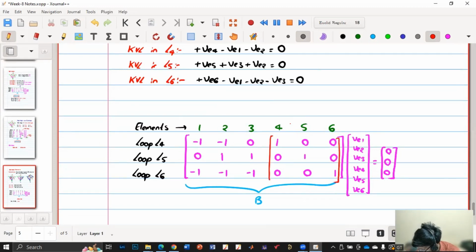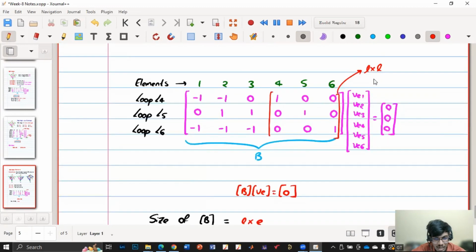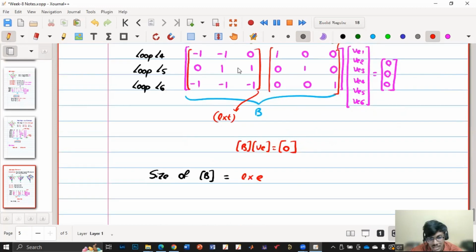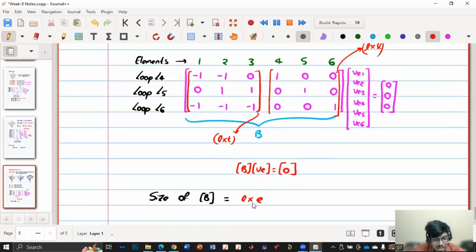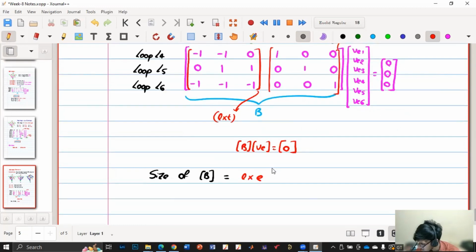The size of the unity matrix is L cross L, because the number of rows is L and the other part is E. If it is L cross L, then what is left here will be L cross T, because E can be written as T plus L. So this is L cross L, this is L cross T, this is L cross E.